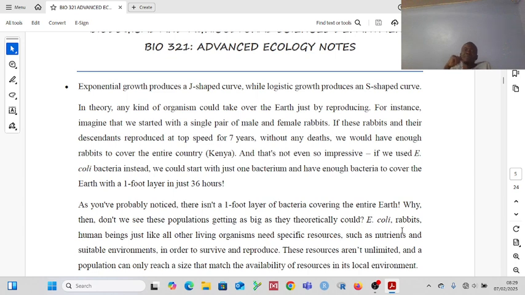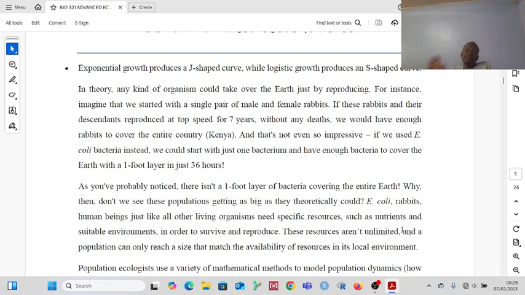Okay. So when you read through, you realize that the description is showing that in nature we don't have exponential growth curves, but we have logistic growth models. Why?